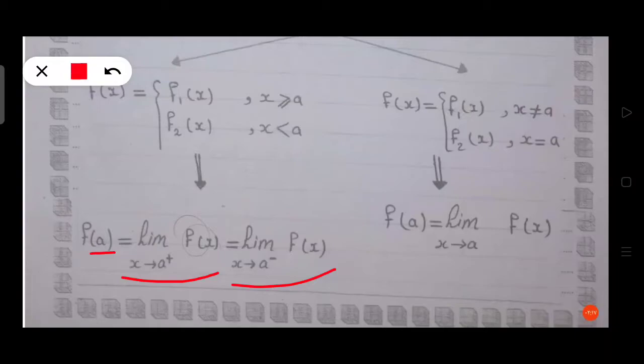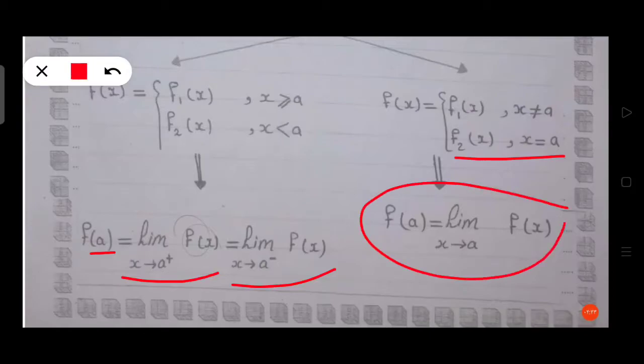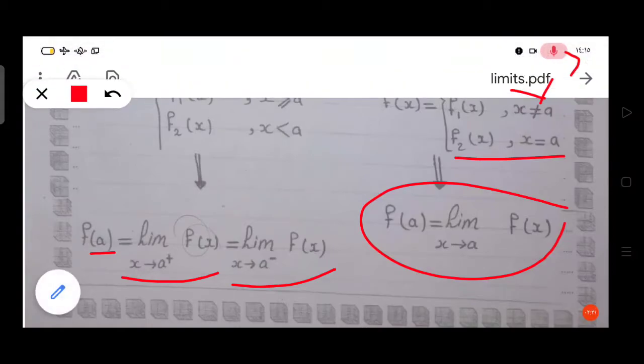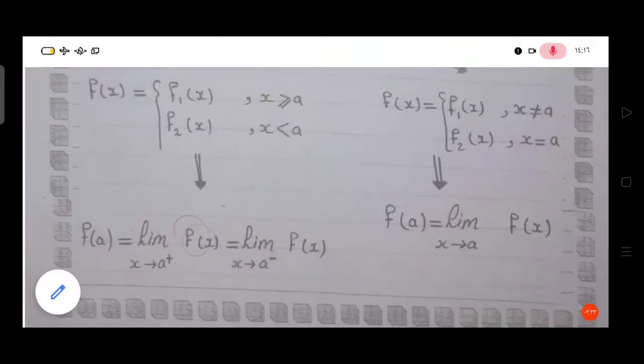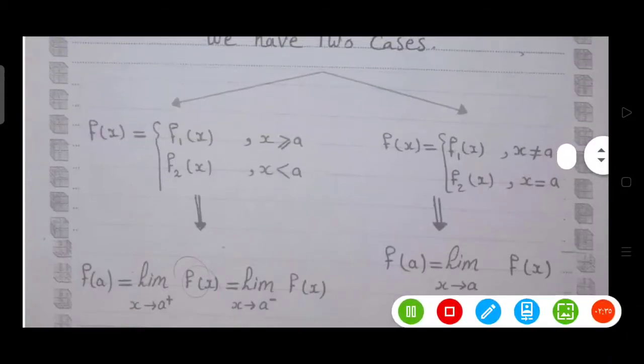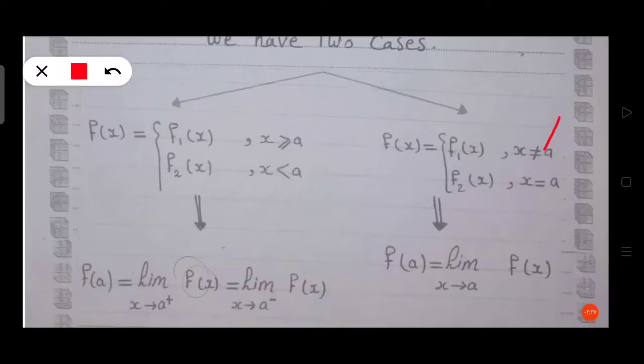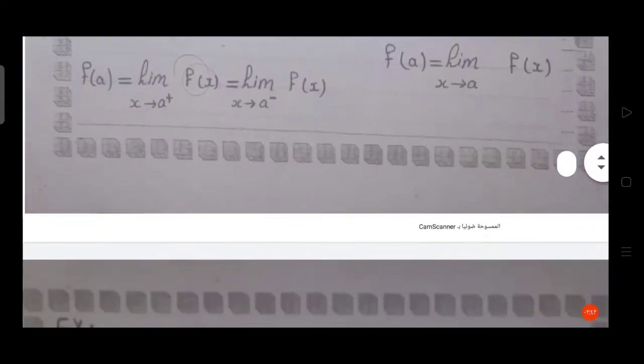But in not equal and equal functions, the condition will be f of a equals limit x tends to a of f of x. That means that not equal contains more than and less than. Let's take the first example.